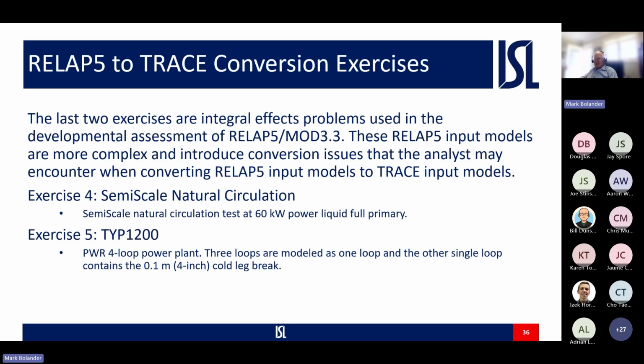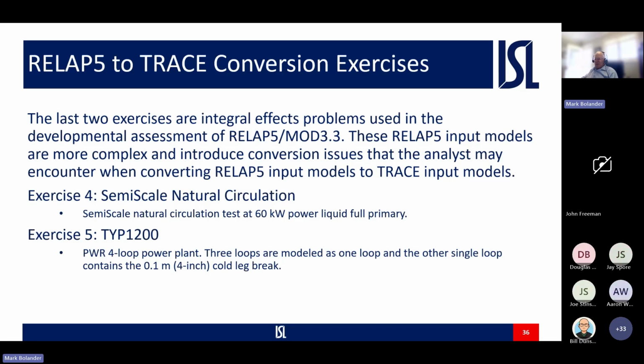The first one, exercise 4, is the Semiscale natural circulation, at full power and full liquid primary side, and exercise 5 is the TIP 1200. I think many of you have looked at the TIP 1200. It's a PWR 4-loop power plant. Three loops are modeled as one loop, and the other loop is modeled as a single loop, and it contains a 4-inch cold leg break.